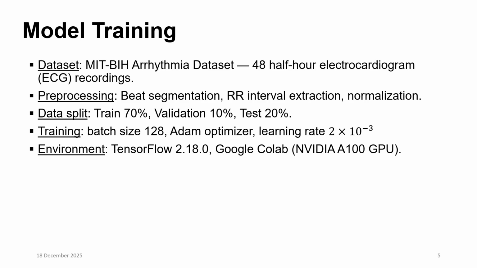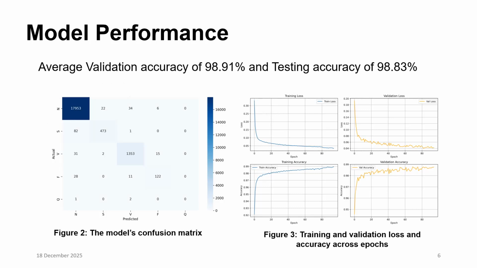Then we split the data: 70 train, 10 validation, 20 test. We took a batch size of 128 and a learning rate of 2 times 10 to the power of -3. We trained this model in the Google Colab environment, and we could reach very similar results to the reference paper: 98.91% validation and around 98.83% testing.